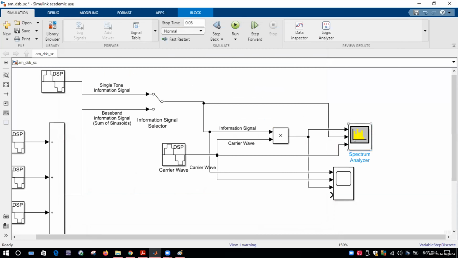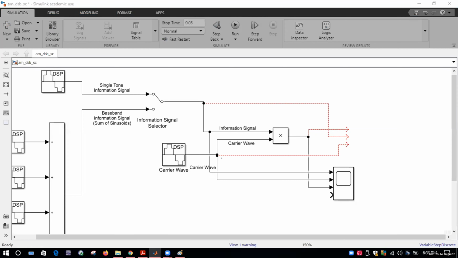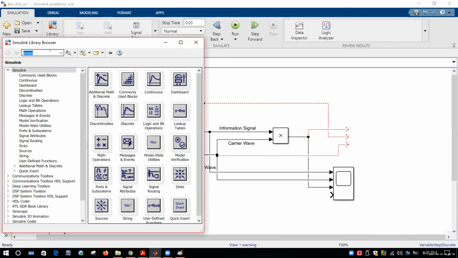So what you have to do is just delete this one. Okay, go to library browser. You see this library browser here? Yes, doctor. Yeah, library browser, and then you write here spectrum analyzer.